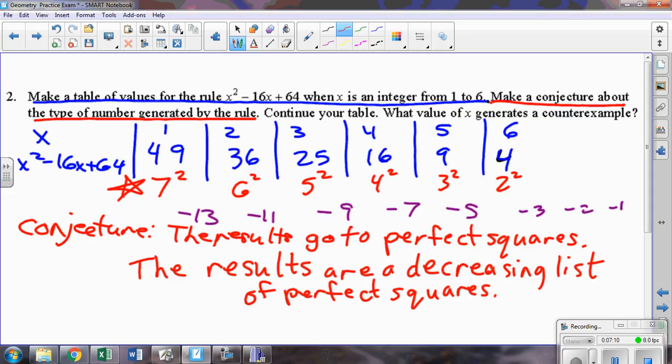Now, to continue this, we're told to continue our table. Basically, keep going. If we keep going with 7 and 8, what results do we get?